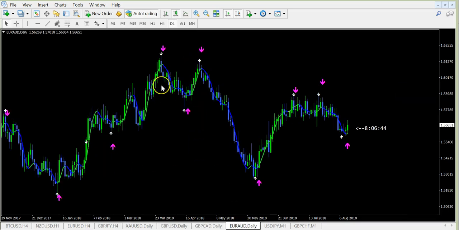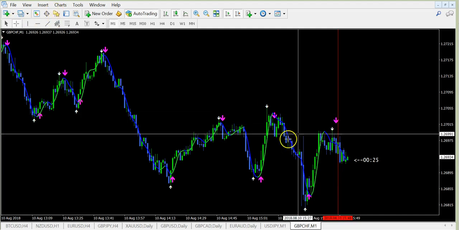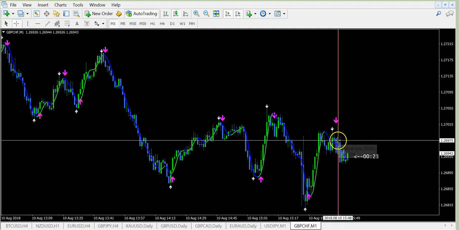Then Euro USD, the same. You see, we get arrow, and it is a valid trade. You see, now it is a valid trade. You see this? We have take trade here at the very open of this.